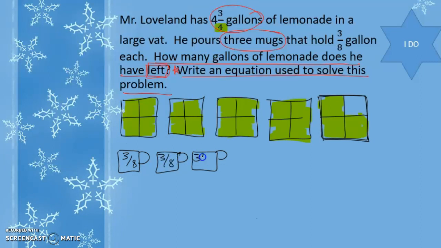What does that look like to me? Well, it looks like repeated addition because it's the same numbers over and over. So I could do repeated addition, or I could do multiplication. So I have 3 mugs that are 3/8. I'm going to multiply.